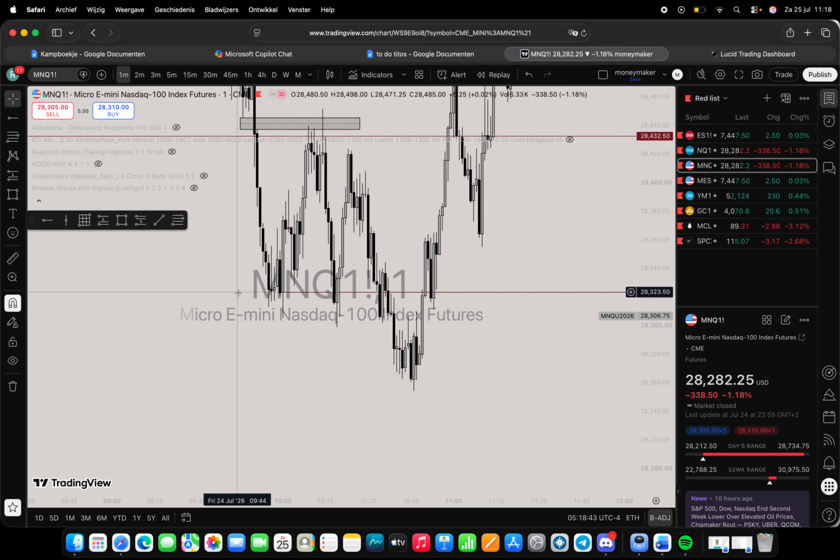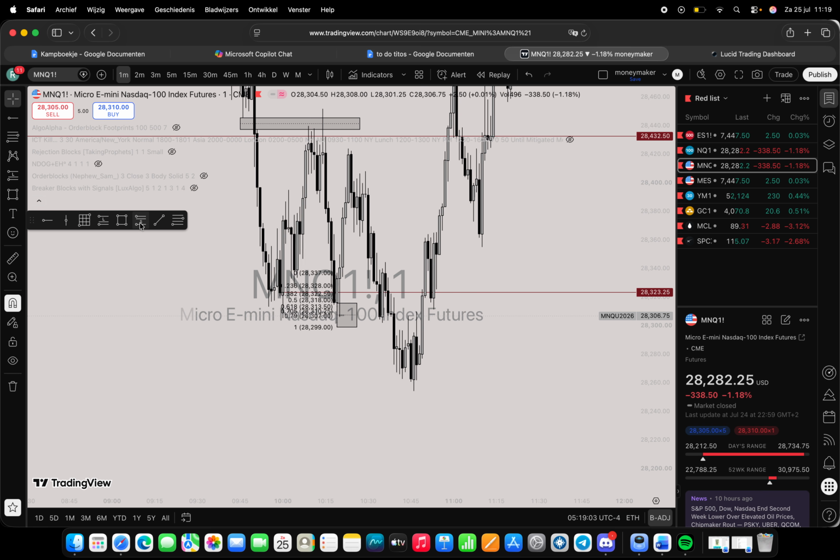And this was basically just the 10 a.m. key open. We hit it, we swept it, and we made a new rejection block out of it. So this was exactly the trade I took. And this is also something you can use, because these situations are mostly also really volatile.